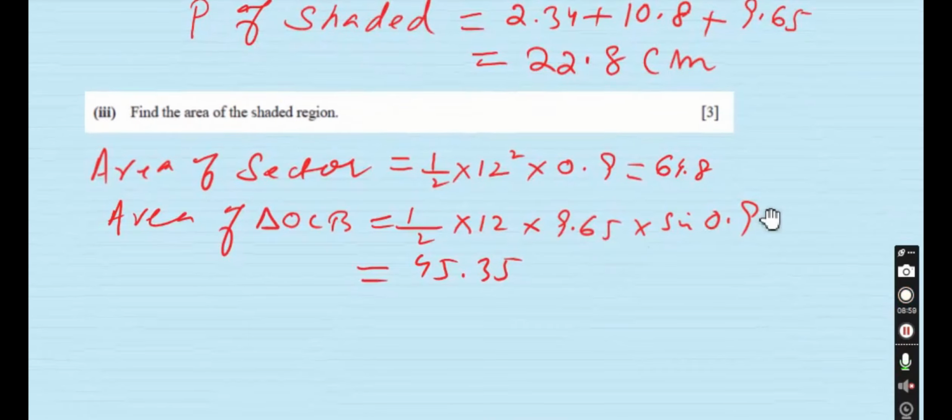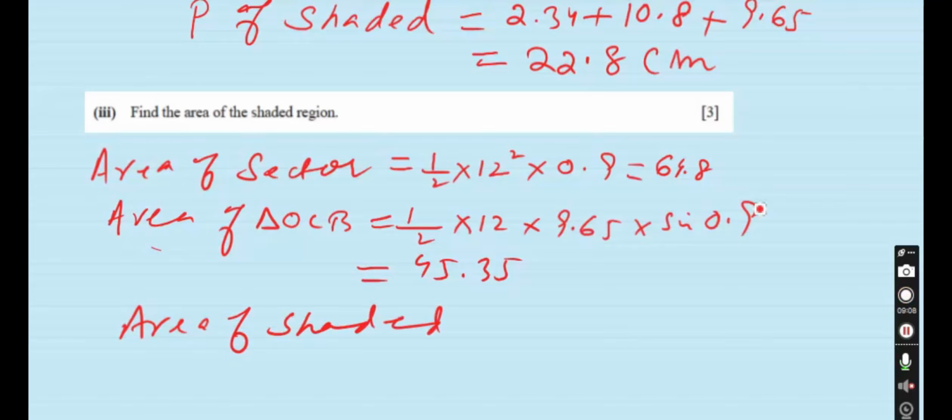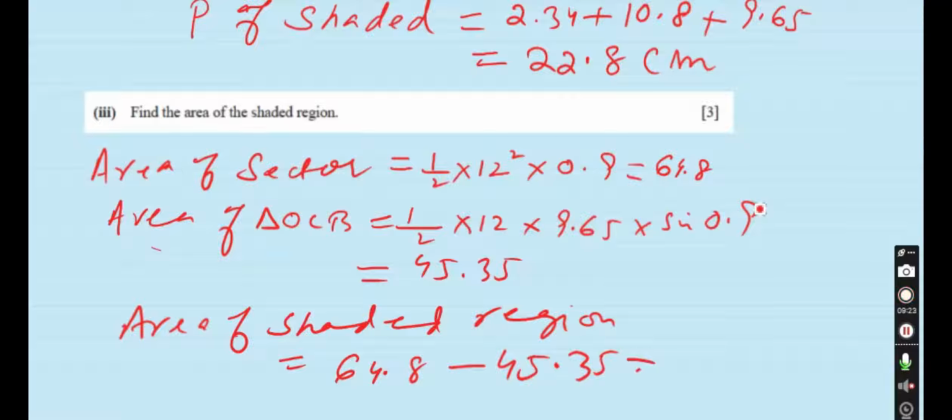Hence, the area of the shaded region is equals to the total area 64.8 minus the area of triangle 45.35, is equals to 19.4 centimeter square, correct to 3 significant figures.